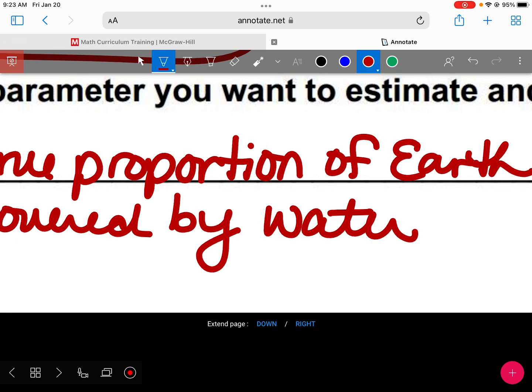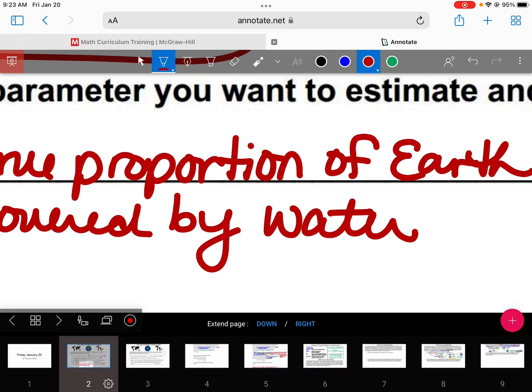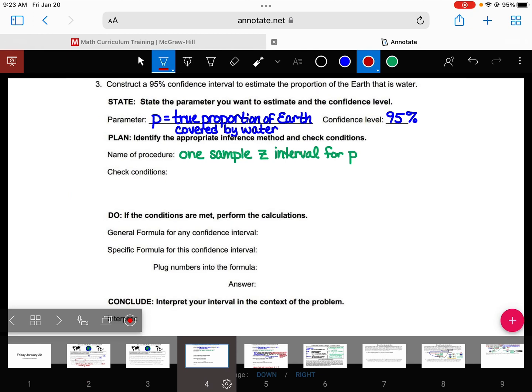So far, so good? And our p-hat is 0.58. We are going to use a one sample z interval for p. That is the name of the test that we are going to be using. We took one sample of 50. We're using a z interval, and we are using this to estimate the true proportion p.